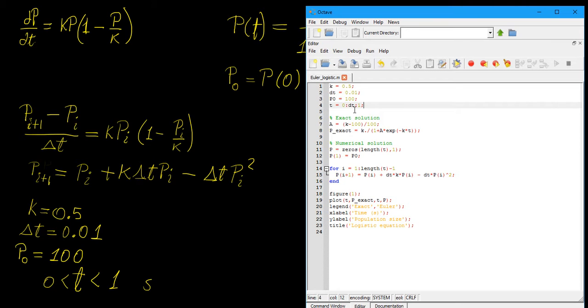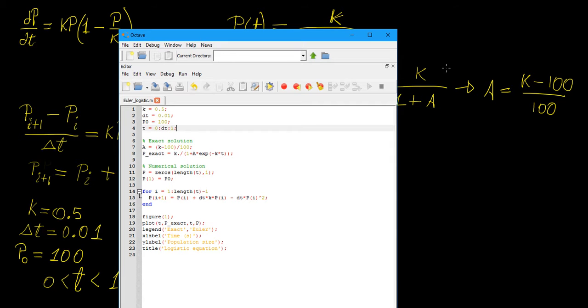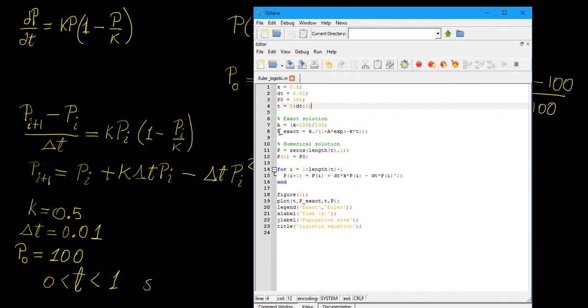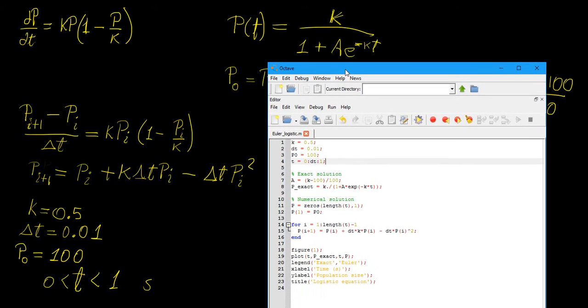The next thing I did was calculate a based on this equation we just derived here, and I calculated the exact solution based on this equation. I just plugged in all the values. You'll notice that I have this dot followed by the slash here, and the reason is that t is a vector, which means that the exponential of a vector is another vector.